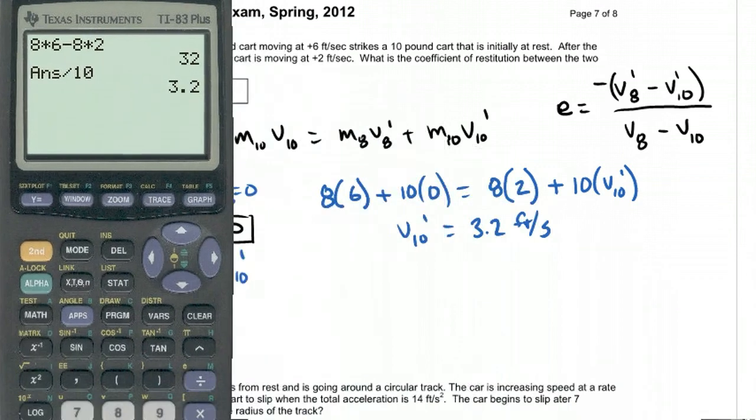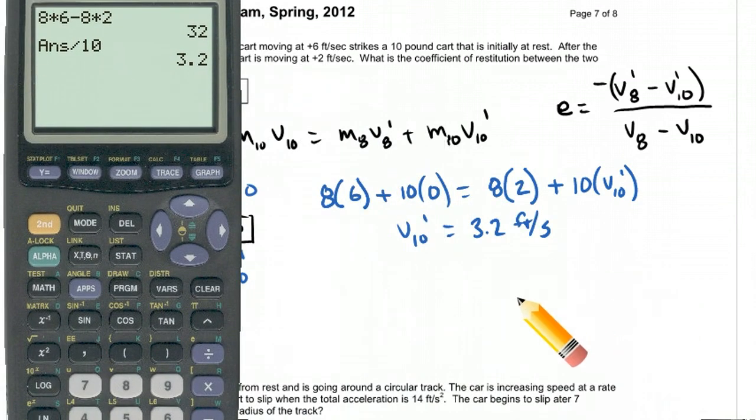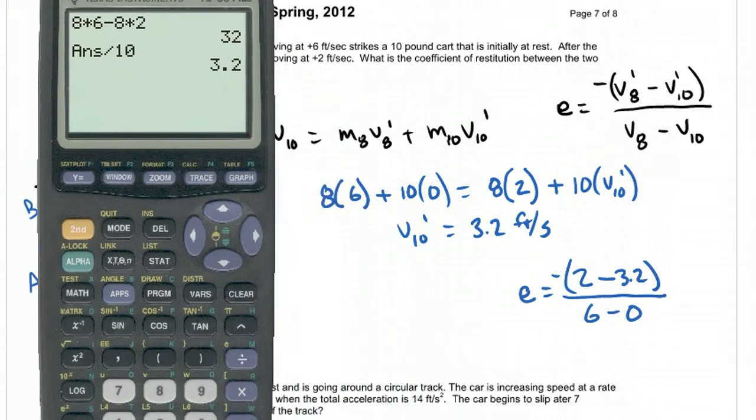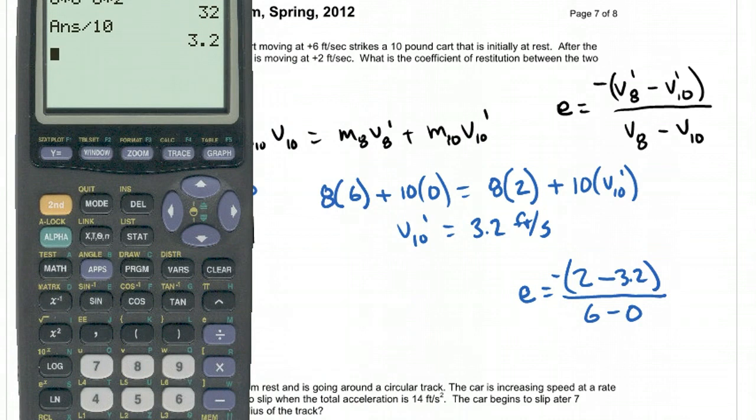Okay, and bring it back over here. So now we can calculate e. V8 prime was 2 minus 3.2, over V8 was 6 minus 0. I believe that's the right number.